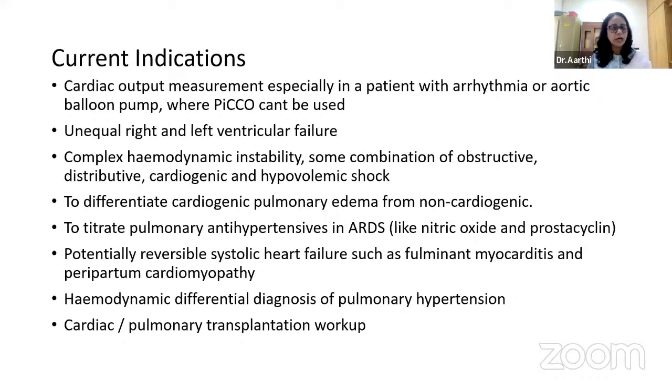And to differentiate cardiogenic pulmonary edema from a non-cardiogenic cause, and also to titrate pulmonary antihypertensives in ARDS, where we use nitric oxide or prostacyclin for pulmonary vasodilatation, and in scenarios of reversible systolic heart failure like myocarditis and peripartum cardiomyopathy, where these catheters aid us in managing the hemodynamics of the patient. Also in the differential diagnosis of pulmonary hypertension, and transplant workup for cardiac and pulmonary transplant patients.